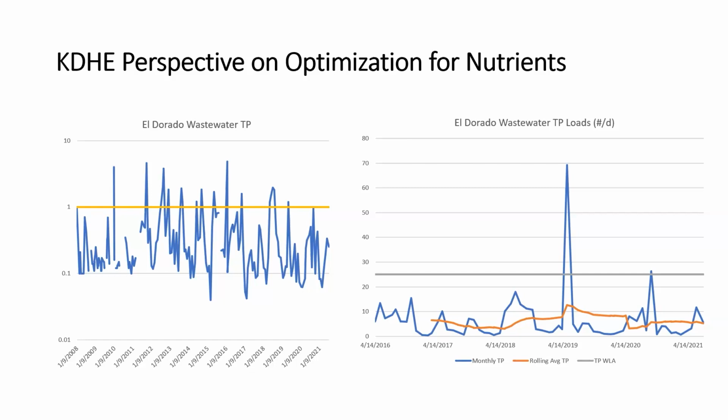As we began to see this type of example where capital investment was made, but then we had operator proficiency build up, we became more and more enamored with optimization as a means to take hold and help systems drive down their nutrient output.